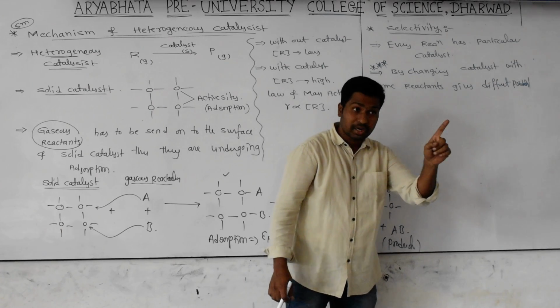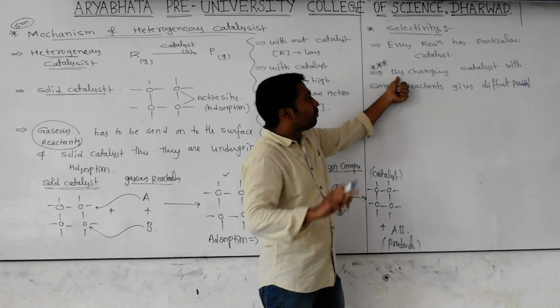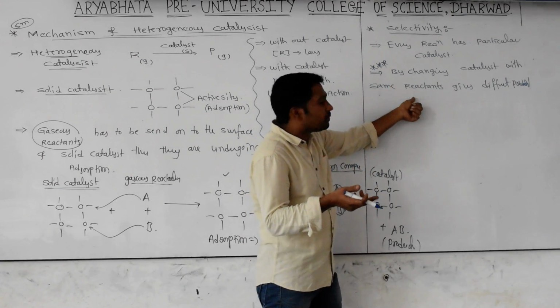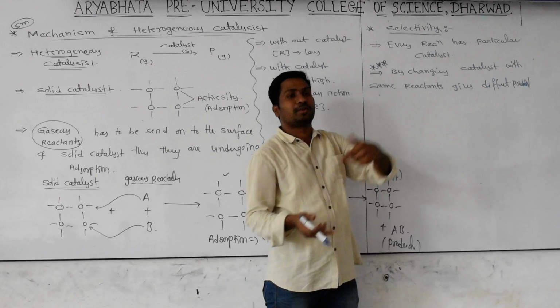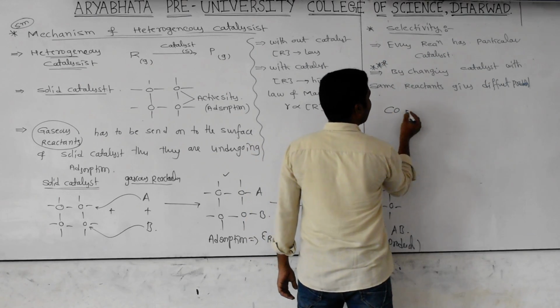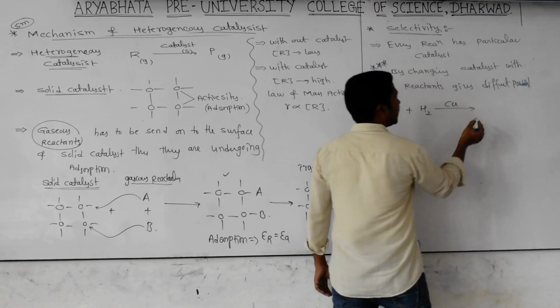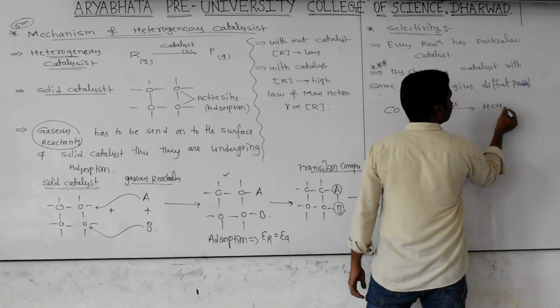If you want to do the contact process, you have to use platinum as a catalyst. But what I am telling is, by changing the catalyst with the same reactant, we get different products. For example, CO plus H2 in the presence of copper gives formaldehyde.